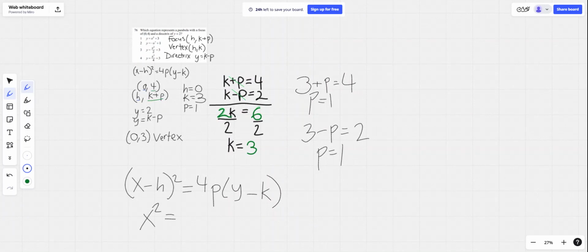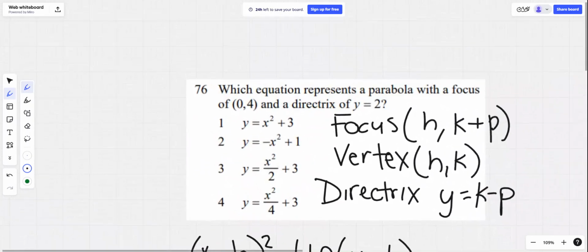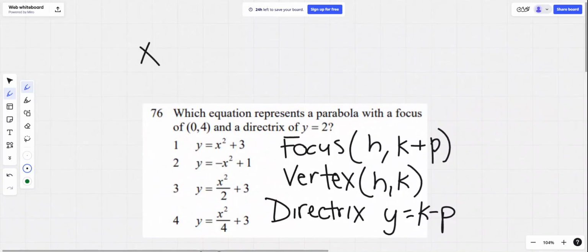Well, p is just 1, so 4 times 1 is just 4. (y minus k). We know k is 3, so we have x squared equals 4 times (y minus 3).